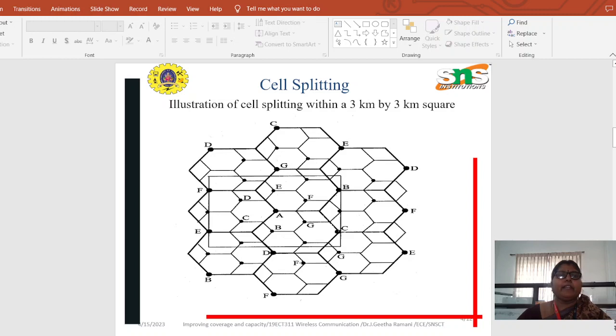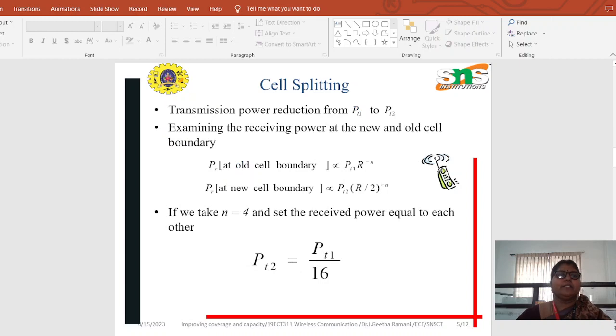This is a simple illustration of cell splitting within a 3 kilometer by 3 kilometer square. In this, we are splitting the cells into a number of smaller cells. Here the transmission power is reduced from PT1 to PT2. Say the initial power is PT1 and now we are reducing the power to PT2.